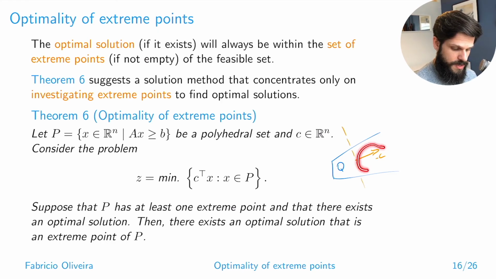If you're looking for solutions in that direction, even though you do have extreme points, your problem might not have an optimal solution. So that is why we have this condition that there exists an optimal solution. Then there exists an optimal solution that is an extreme point of P. So basically, if you have extreme points and you can find an optimal solution, you're going to find an optimal solution that is an extreme point.